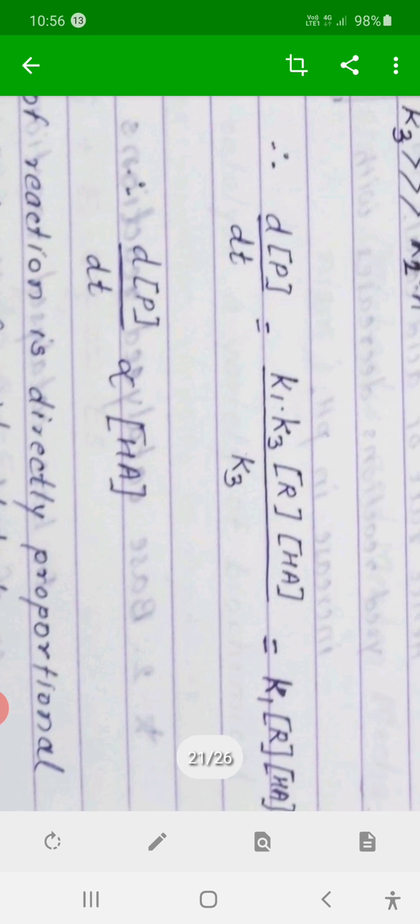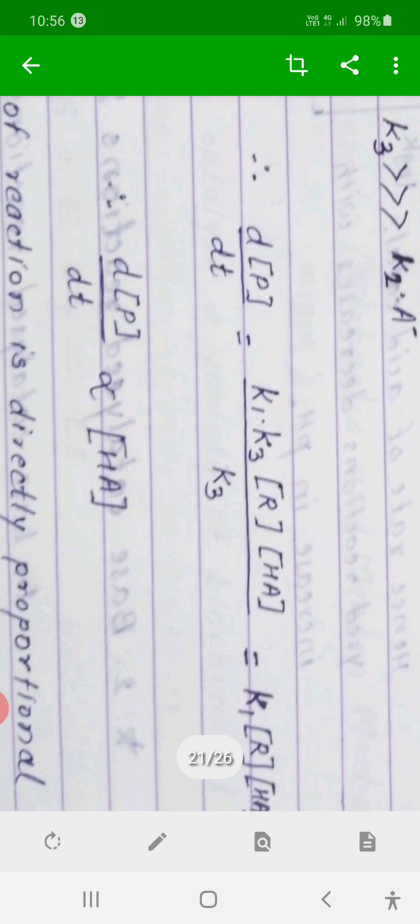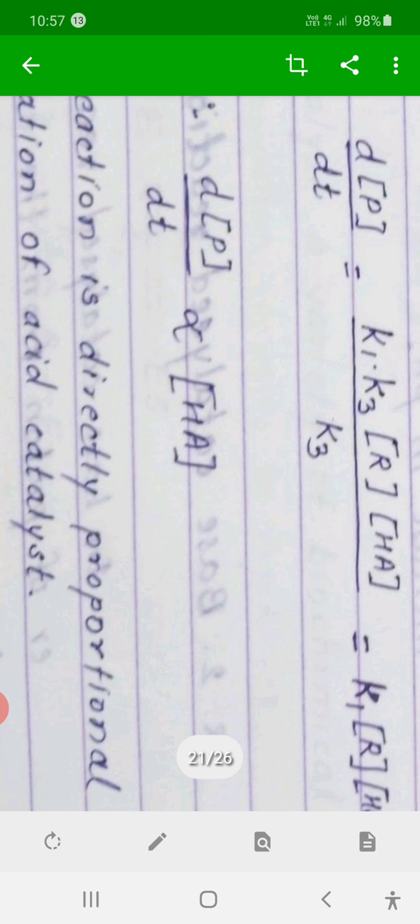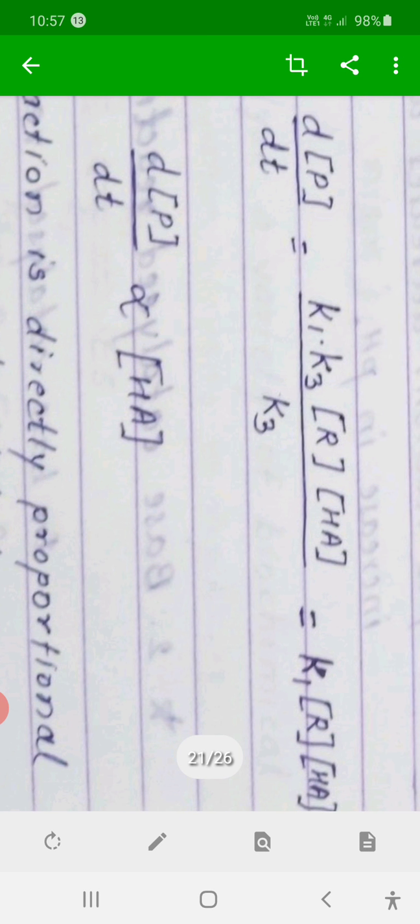Then neglecting that K2 into A, we get dP by dt is equal to K1 into concentration of R into concentration of HA.